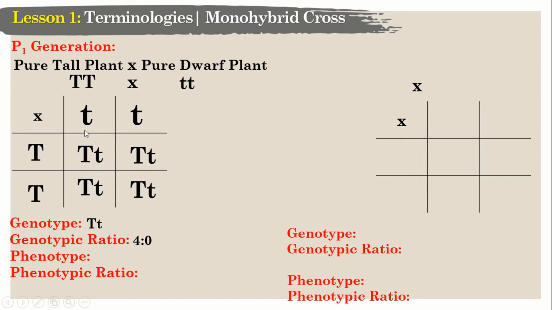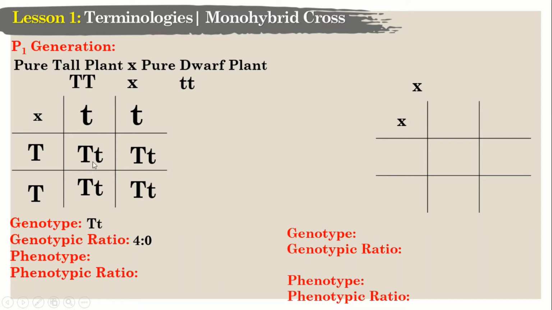So, sabi natin nung grade 8 kayo, 1 square is equivalent to 25% probability of the offspring. So, since we have 4, then that means we could say that this one is a 100%. 100% what? Now, we should describe this one using our genotype. Is it pure? Is it homozygous?